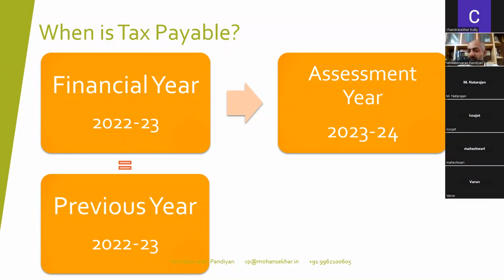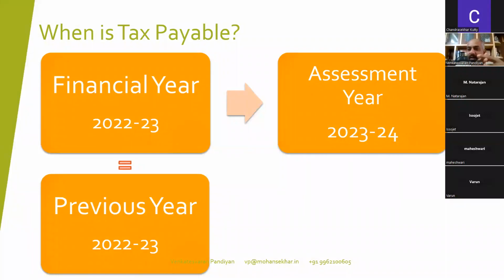So for the assessment year, what is the income that is determined? Actually, the income of the year previous to the assessment year is what is taken into consideration. The year prior to the assessment year is called the previous year in terms of income tax.